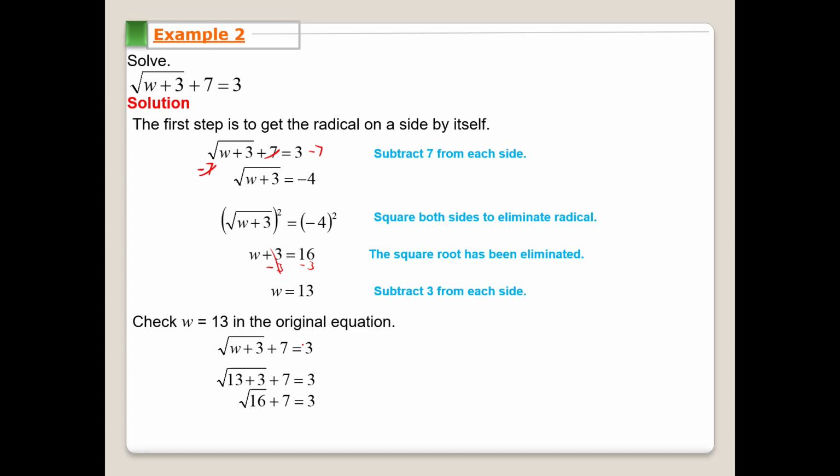Well, 4 times 4, so we can take a 4 out of there. So a 4 plus 7 equals 3. Well, 4 plus 7, that's 11, right? So does 11 equal 3? No, 11 doesn't equal 3.